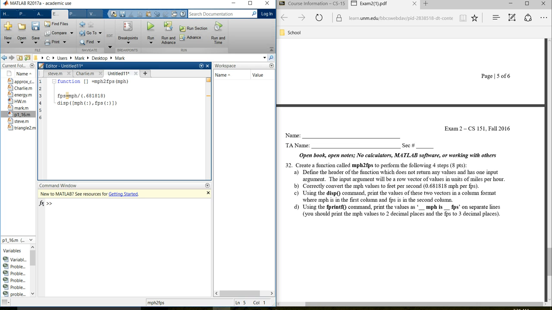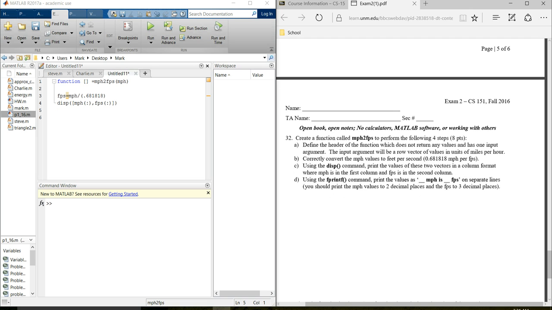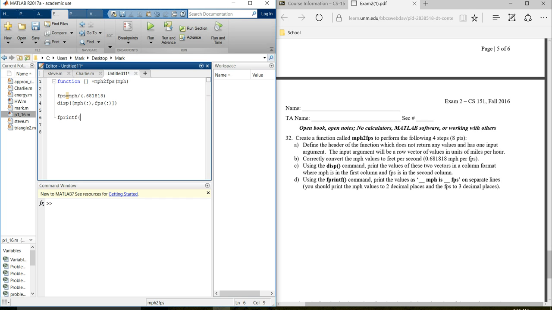Using the fprintf command, print the values as blank mph is blank FPS on separate lines. You should print the mph value to 2 decimal places and the FPS to 3 decimal places. Oh my goodness, Steve. So fprintf, set it up, get your basic template going.